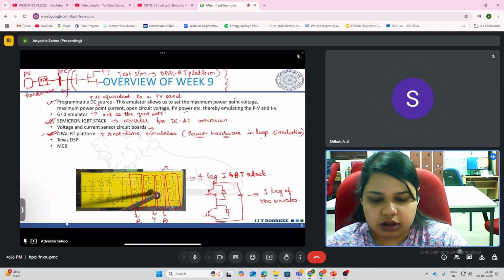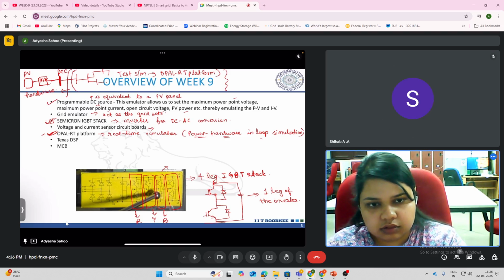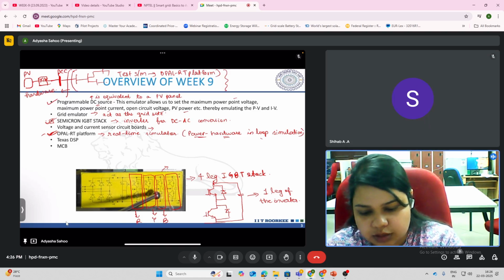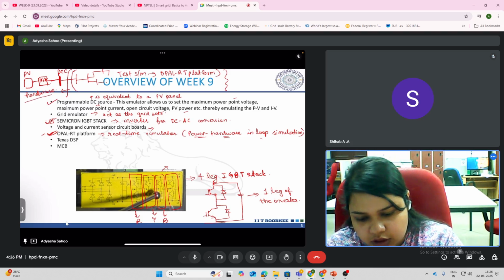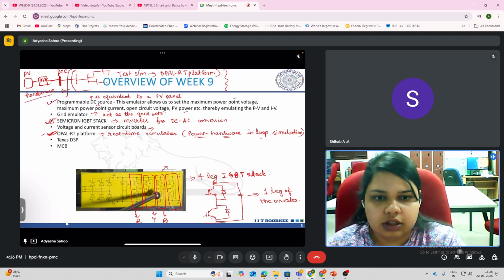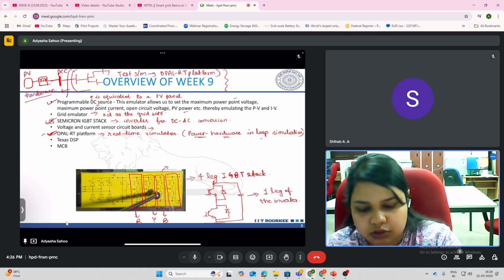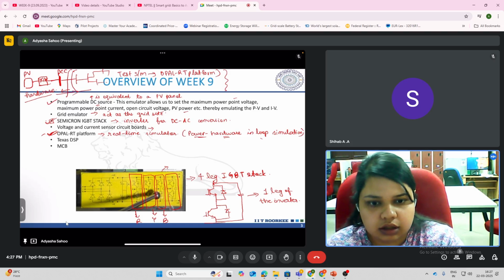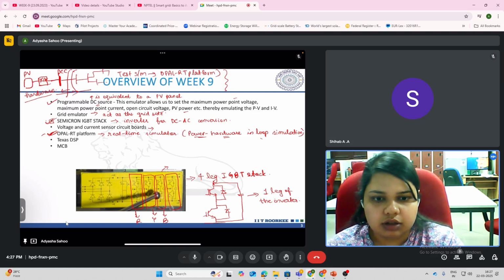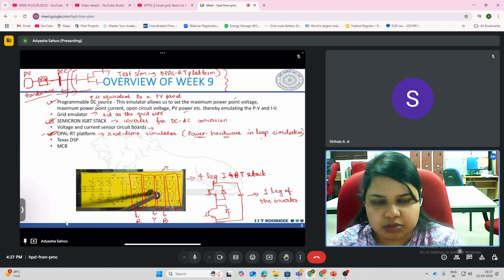You have cards there. You feed in the information of your test system there. And through the cards, this hardware and the Opalati interact with each other. You give the information from the hardware side to the test system in the Opalati, then the Opalati gives back to the hardware setup, and that kind of information exchange takes place there.